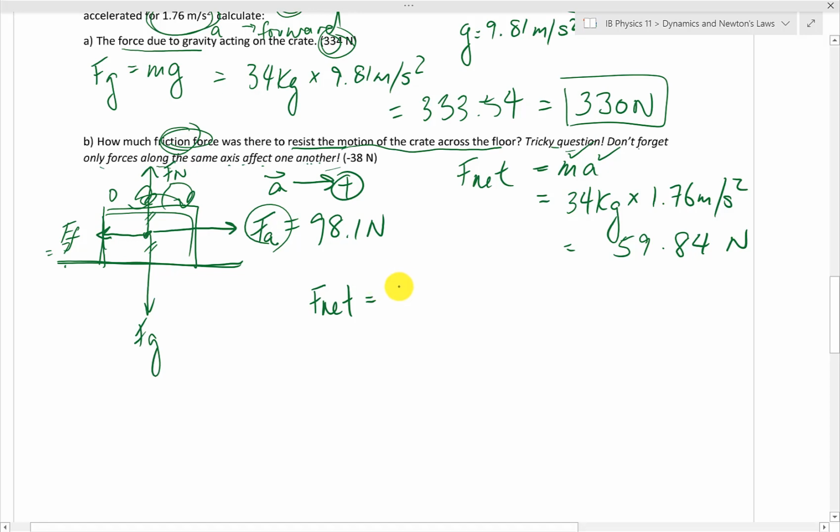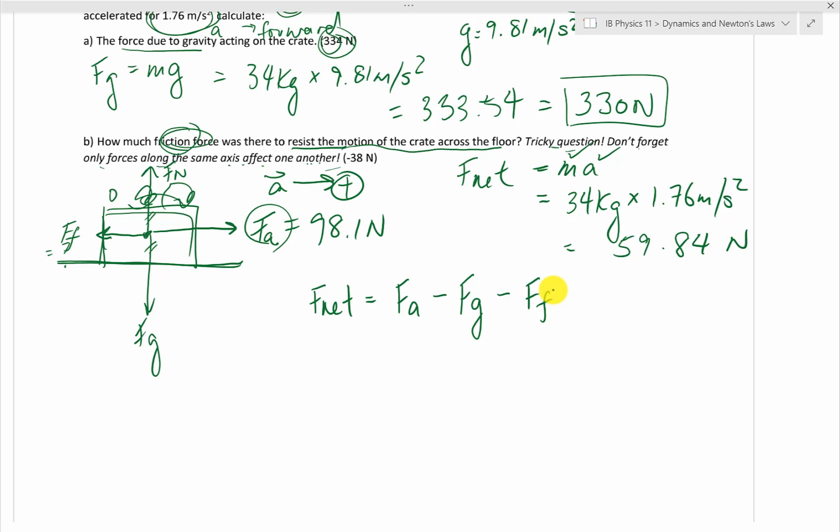Let's write out the Fnet equation. Well, we know that the force applied is going to help accelerate it. We know that if the object is heavier, it must also make it slower as well, right? And of course, there is the force of friction opposing the box. What do you think?